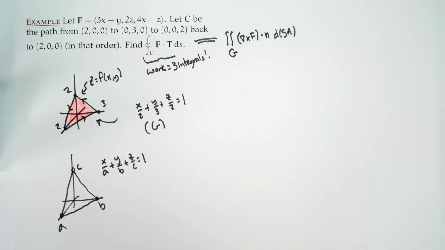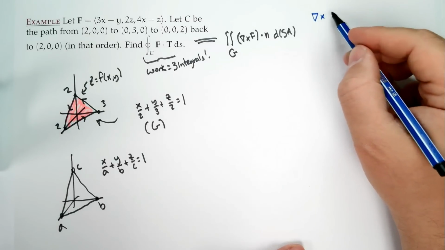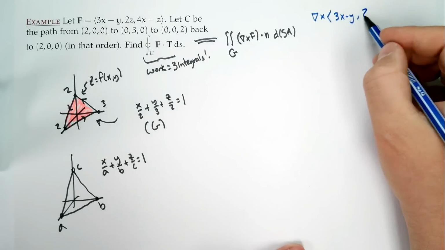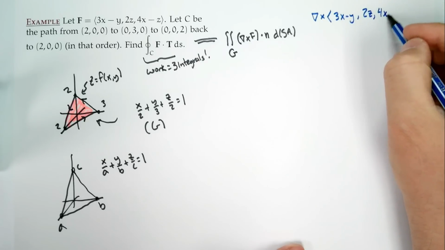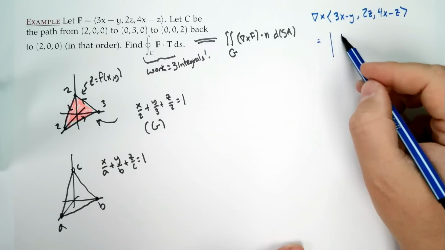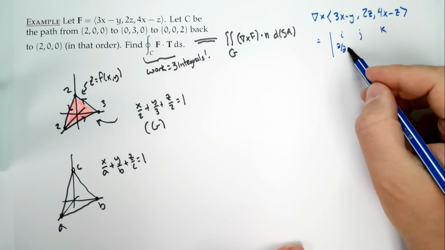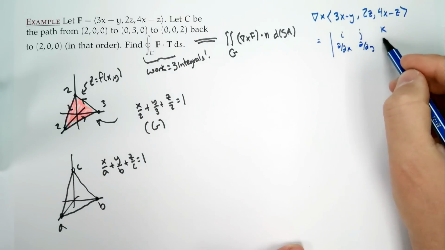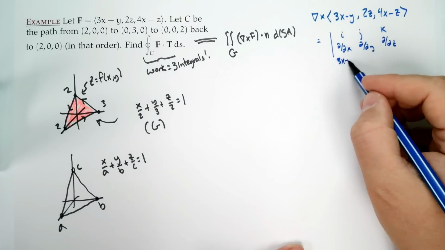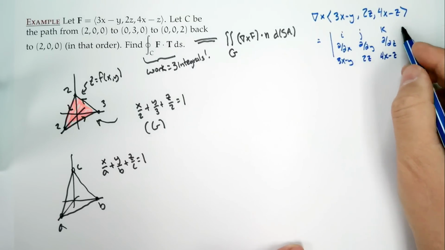So, switching here to finding the curl. We're looking for del cross <3x minus y, 2z, 4x minus z>. So i, j, k, partial x, partial y, partial z, 3x minus y, 2z, 4x minus z.